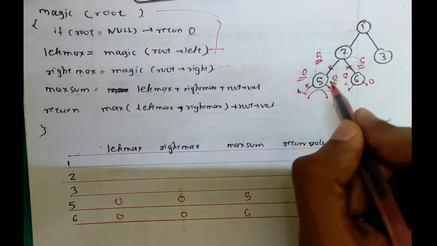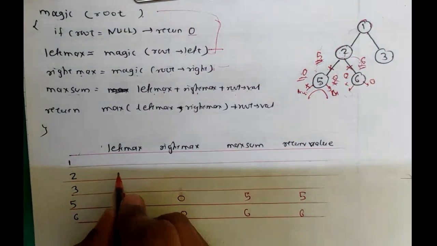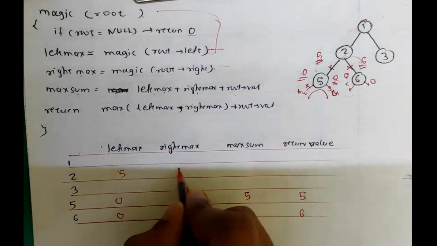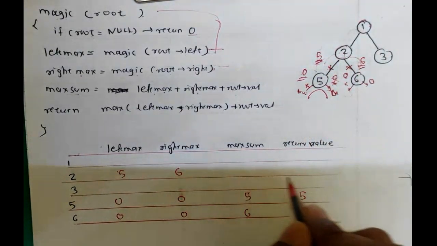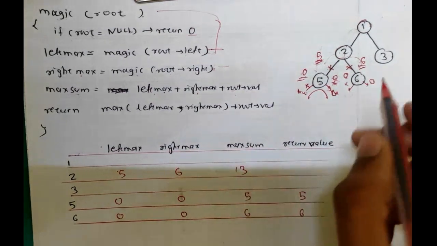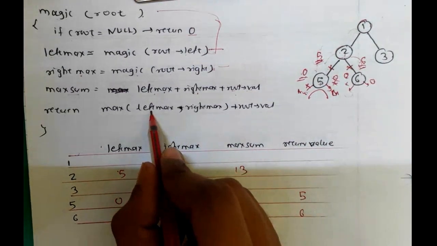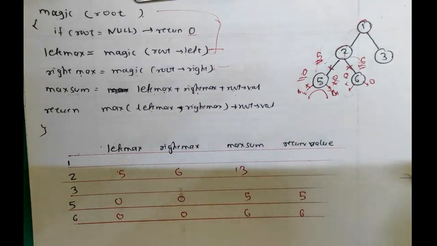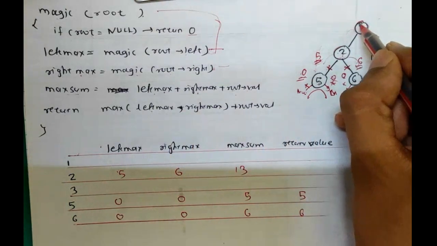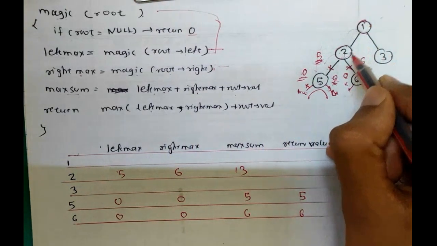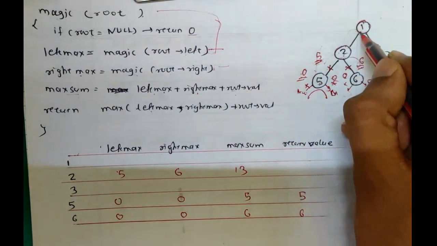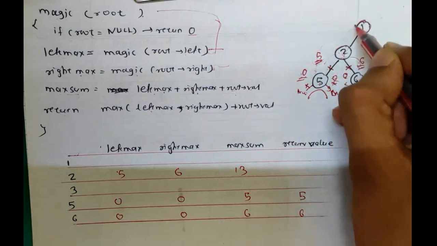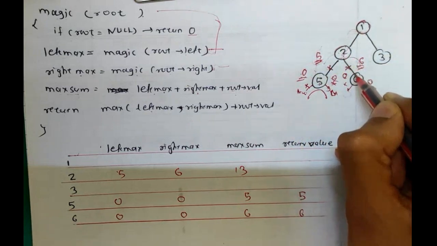So we can say that for 2 the left max will be 5, right max will be 6, the maximum value will be this, which is 13, and the return value will be max of the 2 plus the root का वैल्यू. सो देखा जाए तो वन के लिए यहाँ से अगर कोई पाथ जा रहा होगा तो वो पाथ ये वाला होगा रादर देन ये, क्योंकि ये मैक्सिमम पाथ दे रहा है.